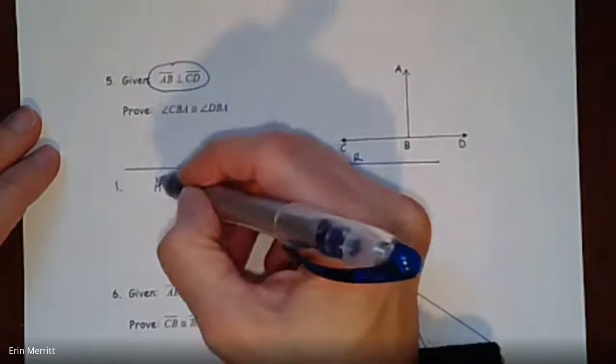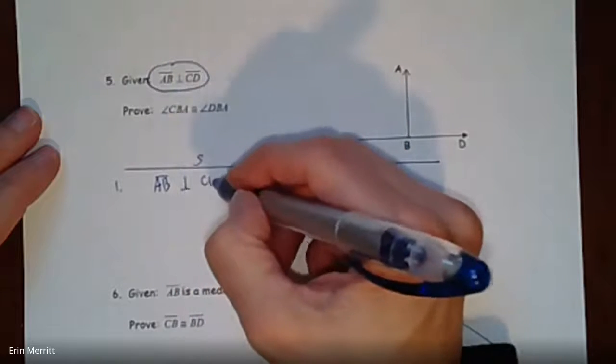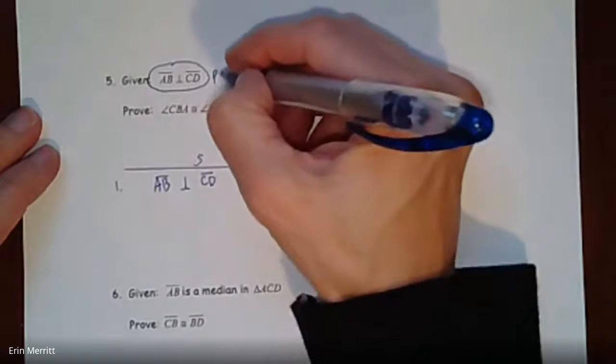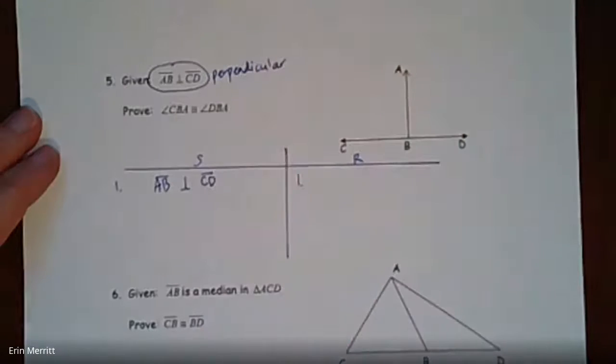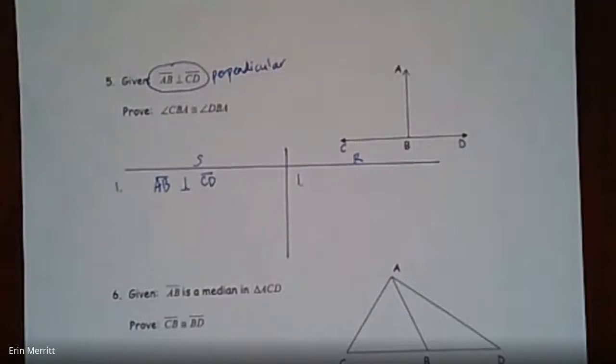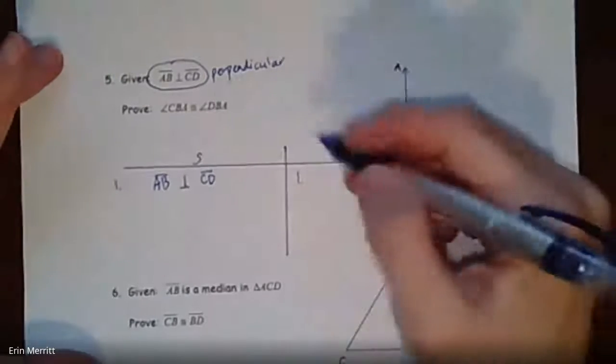So AB is perpendicular to CD. If that symbol does not immediately tell you what's going on, then you have to make sure you write the word down so that you can focus on it. So from here, perpendicular is given.